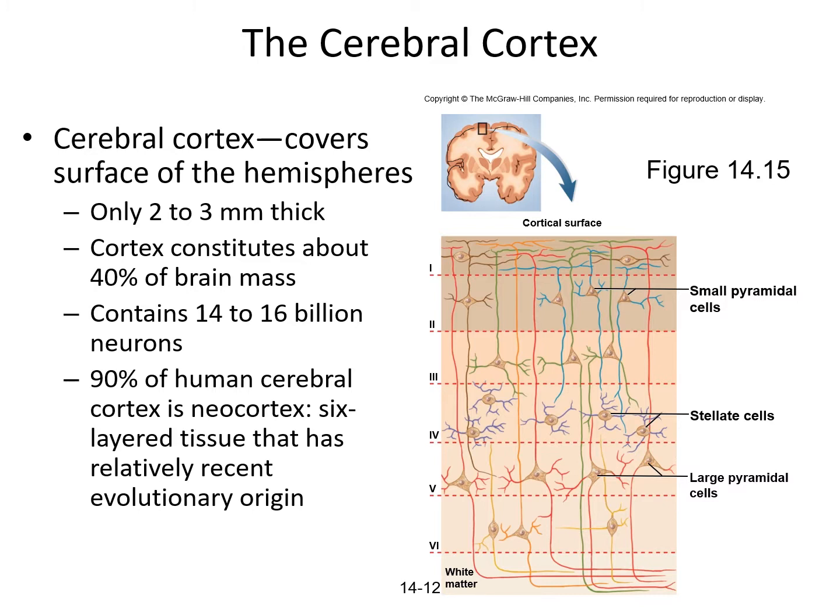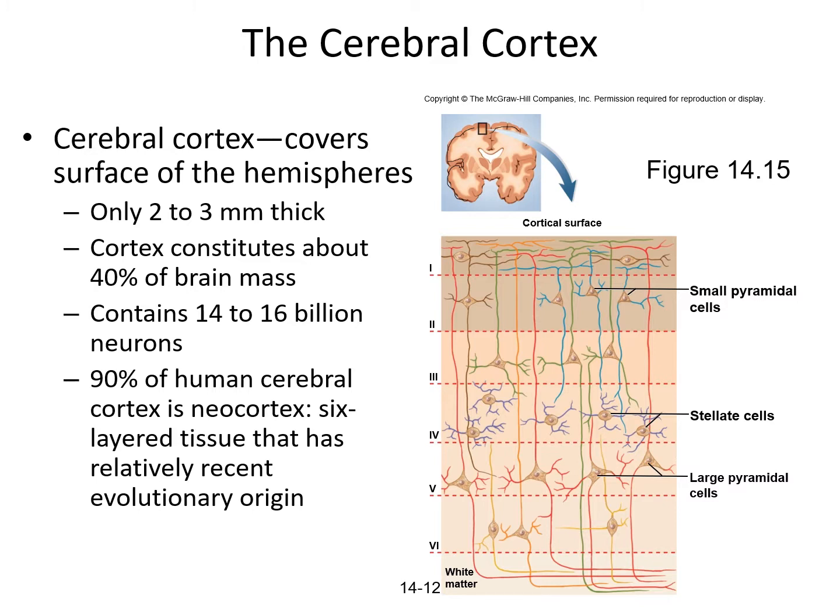It covers the surface of the hemispheres. It is very thin. It's only 2 to 3 millimeters thick. However, the cortex is very densely packed with neurons. It constitutes about 40% of the brain mass. And you have to keep in mind that a lot of that is due to the fact that we have this highly complex folding. We have the gyri and the sulci.